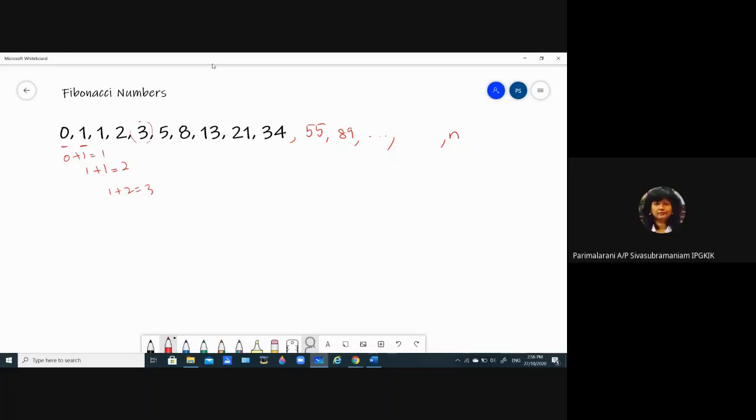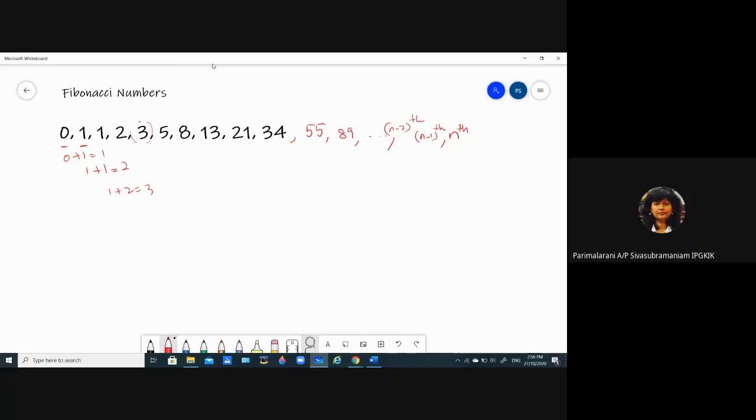If this is the nth number, then the number before nth will be n minus 1 number. The number before that will be n minus 2.